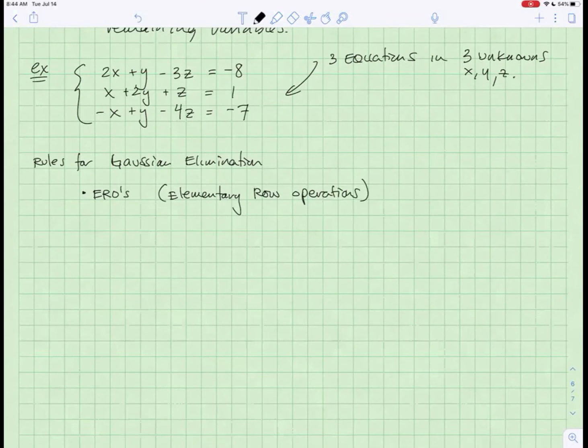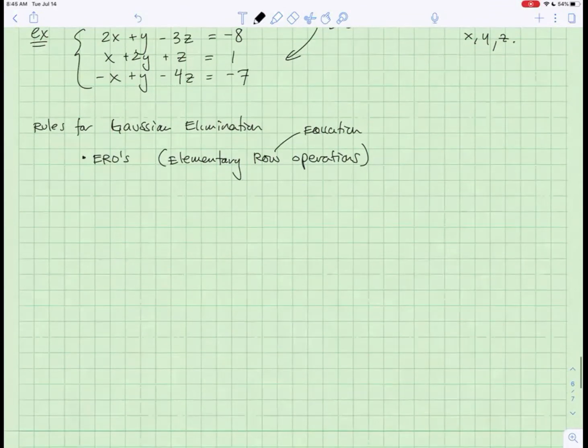So when we talk about a row, we're talking about an equation. These are operations that you can do to rearrange what a system looks like that will make it easier to solve, but doesn't change what the answers to the system are going to be. So here's the idea.